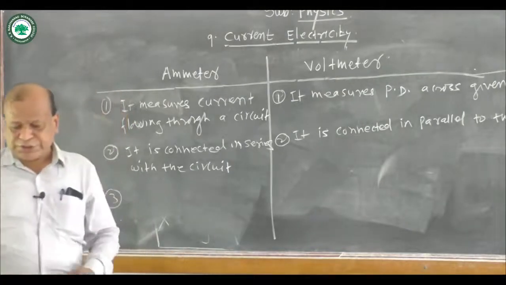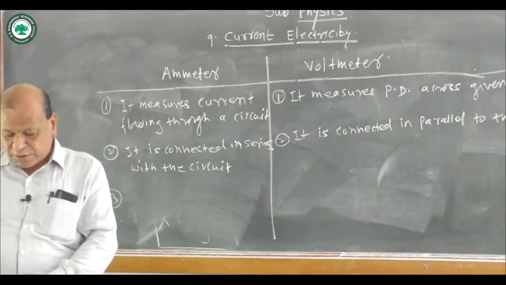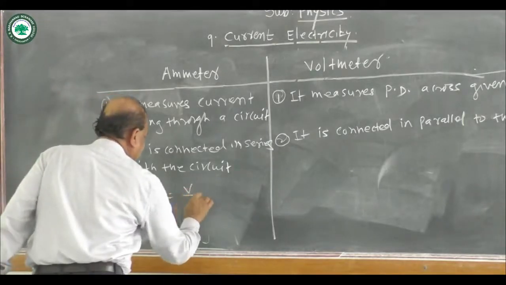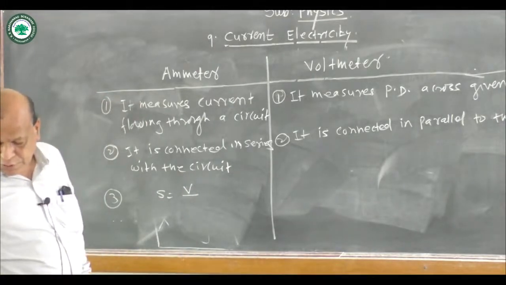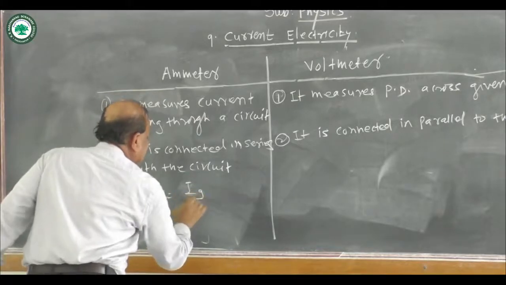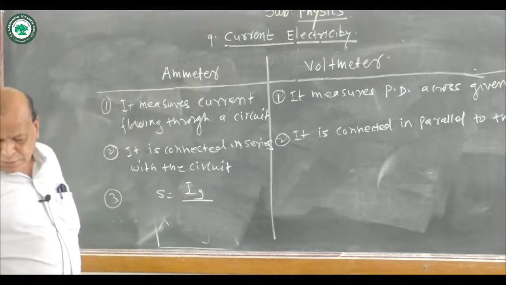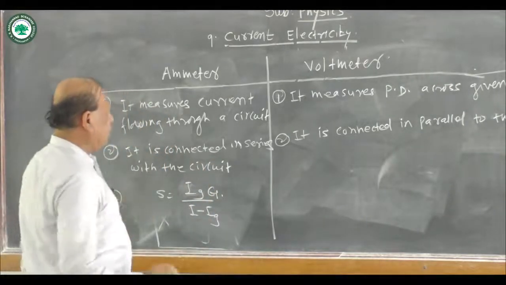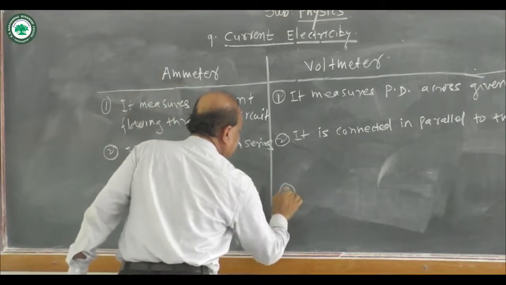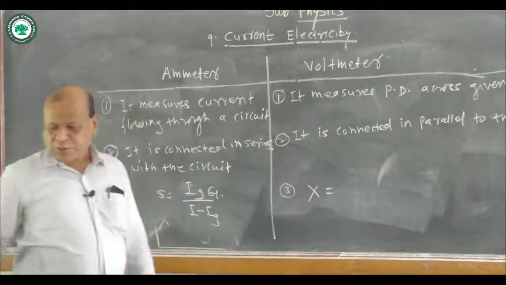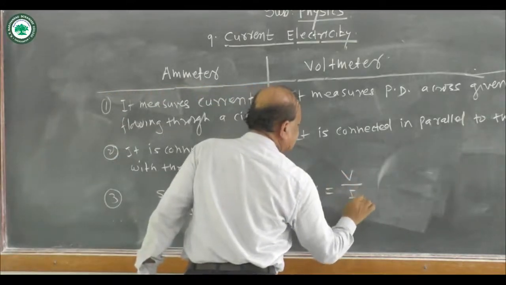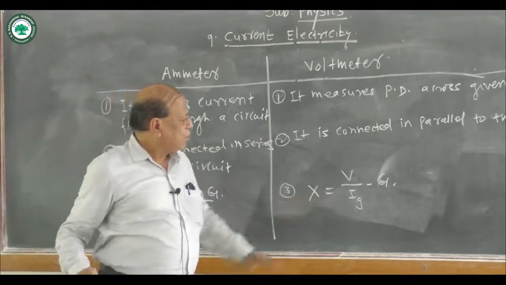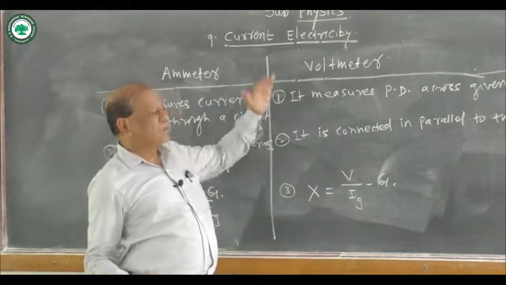Third point, to distinguish the ammeter and voltmeter: the value of shunt resistance S is equal to Ig divided by I minus Ig into G. Now here the value of resistance X is equal to V by Ig minus G. The value of X, which is connected in series with this galvanometer, then it is converted into a voltmeter.